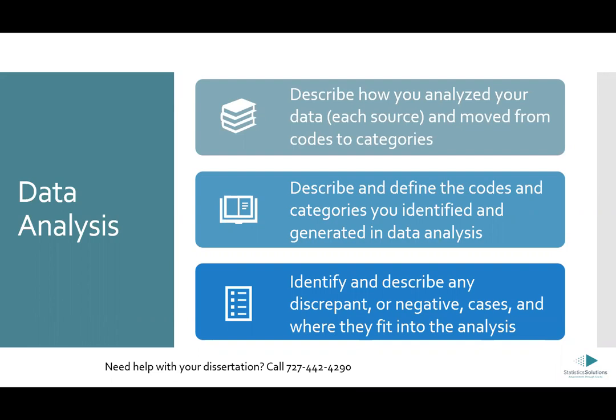So you will be able to see, okay, I coded positive experience 10 times in transcript 1, 13 times in transcript 2, 15 times in transcript 3. So it just gives you that kind of larger bird's eye view that may be a little bit more challenging if you're printing out your information.